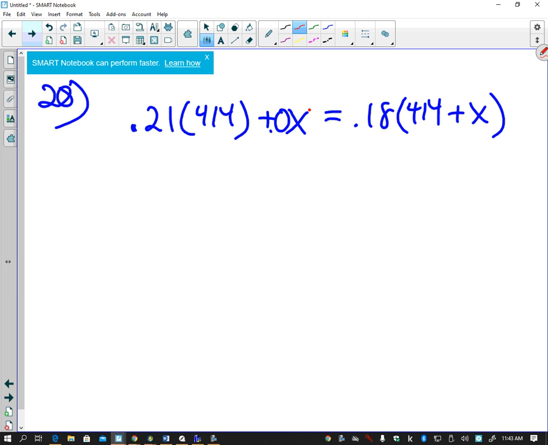Does that make sense? All right, so first off, we're going to multiply 0.21 times 414. 86.94. And we're going to distribute the 0.18 to get 74.52 plus 0.18x. Okay. Subtract.